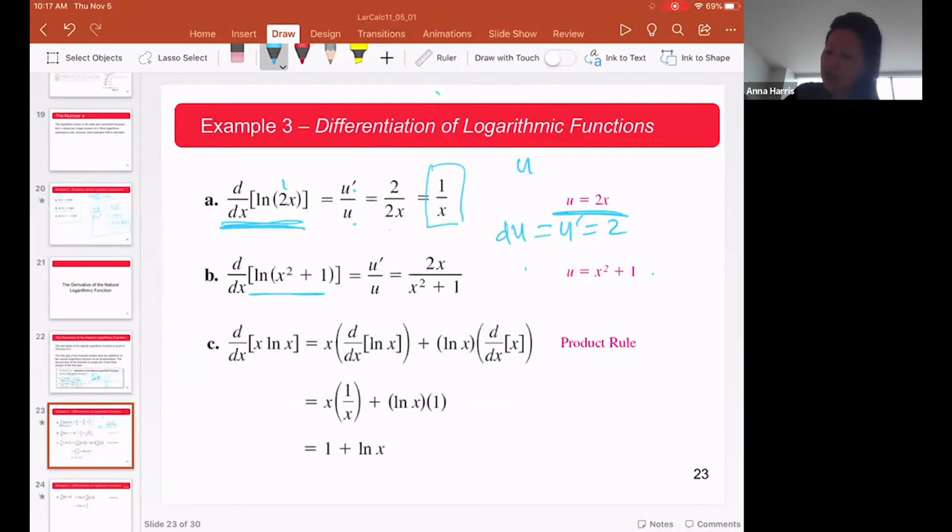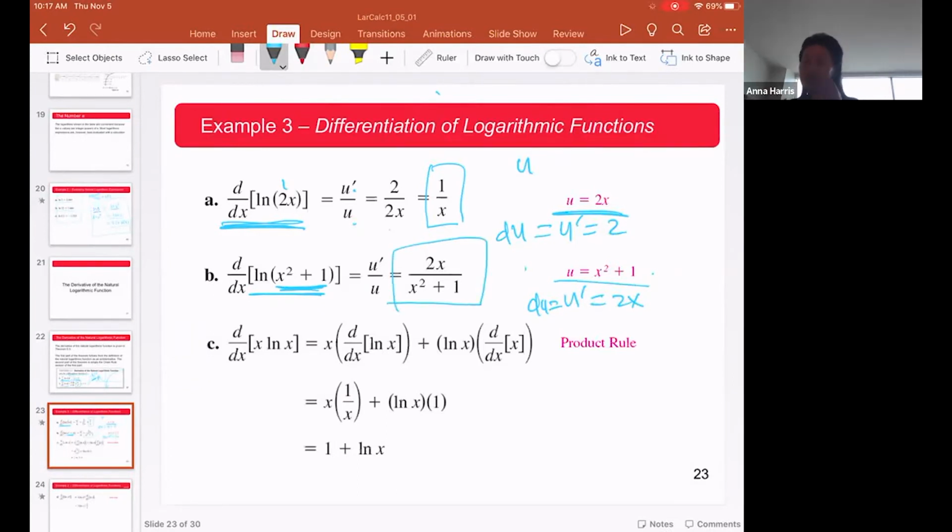Next one. If they give you this, the first thing you need to do is write down that as your u. What's u prime? What is du? It's 2x. That is why you have 2x over x squared plus 1.